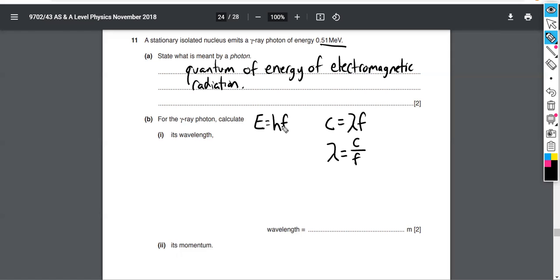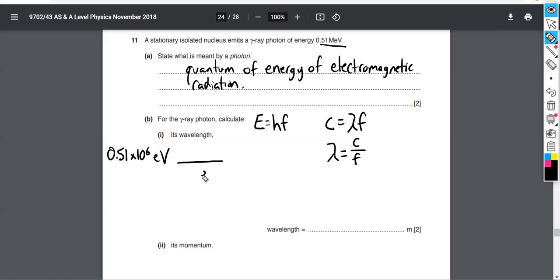But let's go over here, we've got to convert this into joules. So we need the SI unit of energy. That's one step. And then we've got to find the frequency and plug it all in. So let's work through that together. 0.51 mega means million. So I can convert that capital letter M to this order of 10 electron volts. 0.51 mega electron volts.